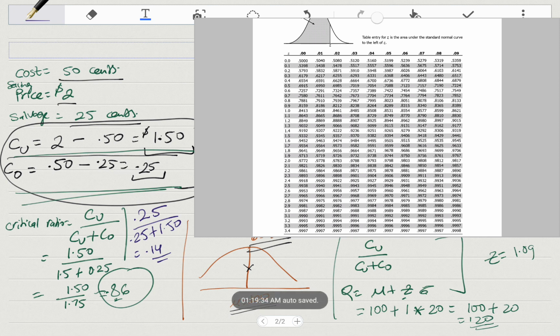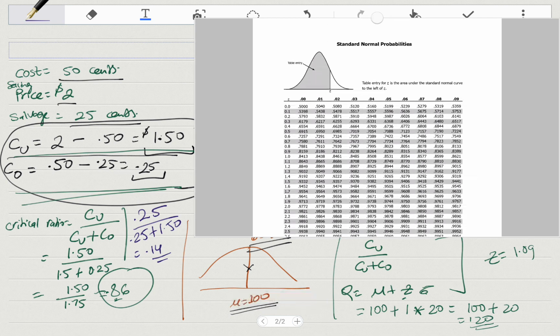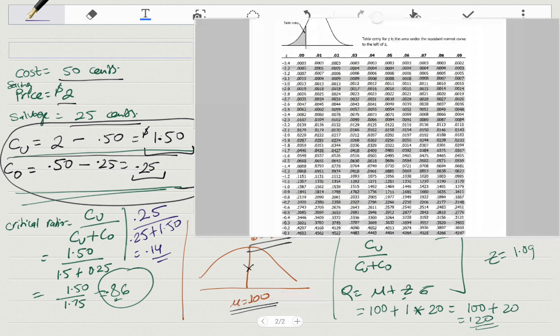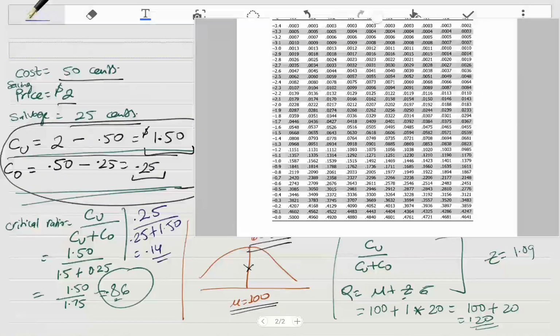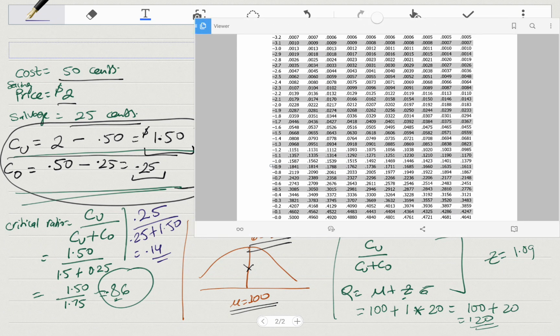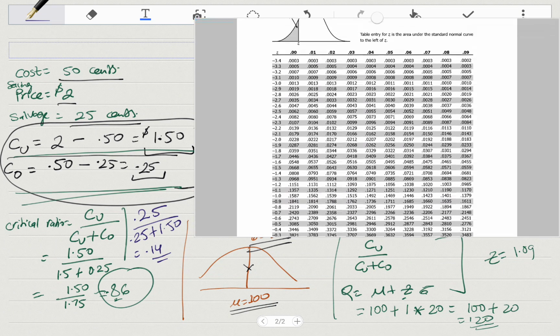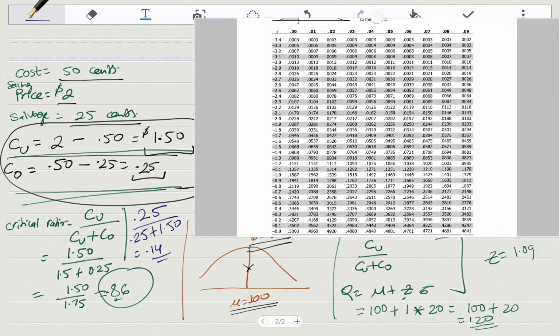Let's find 0.14 in the table. It is somewhere here, at minus 1.08.